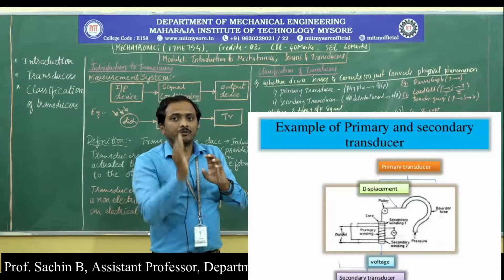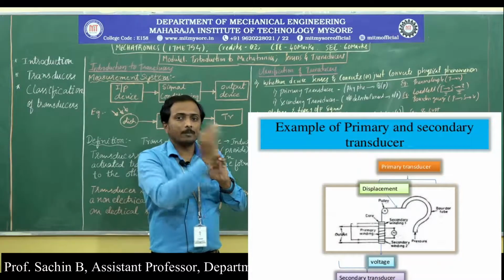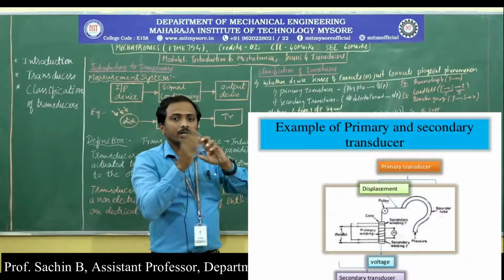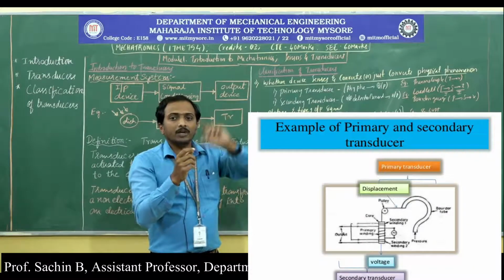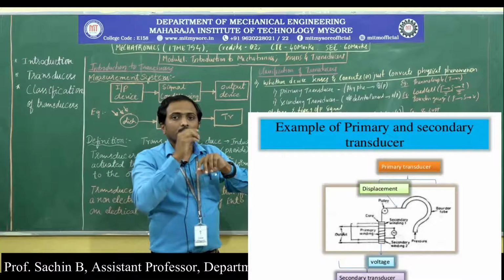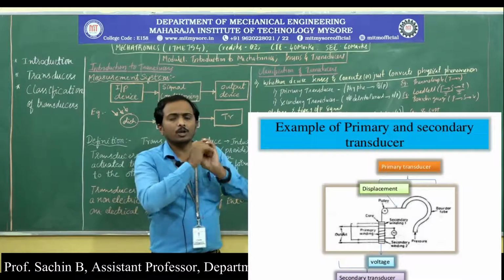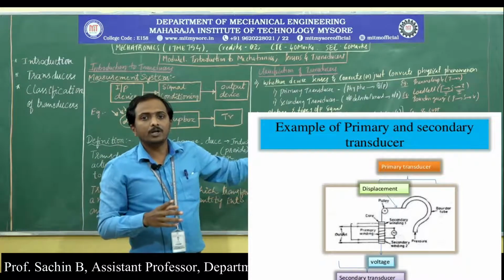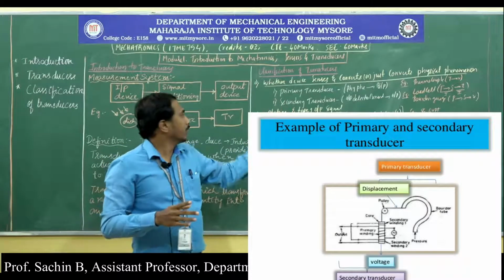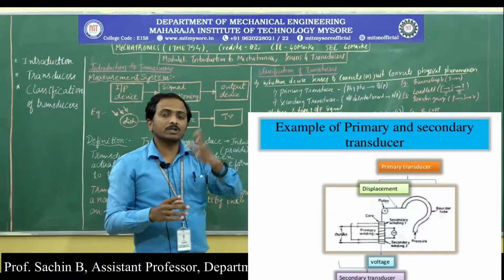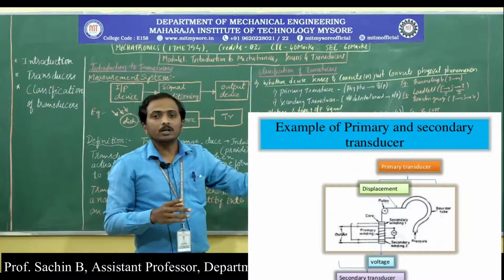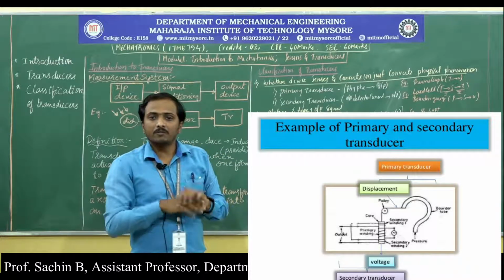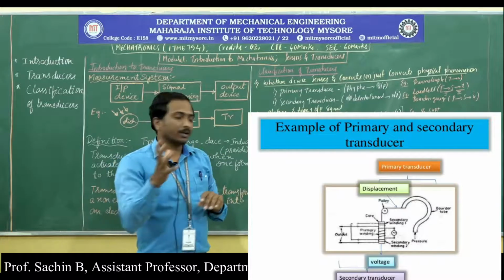Due to the variation of pressure in the Bourdon tube, movement happens within those windings, due to which the voltage appears. There, the Bourdon tube is the primary transducer and the conversion from mechanical to electrical is done by the linear variable differential transformer with the help of the primary coil and secondary coil.